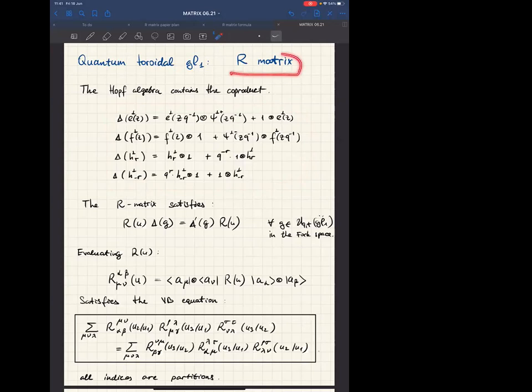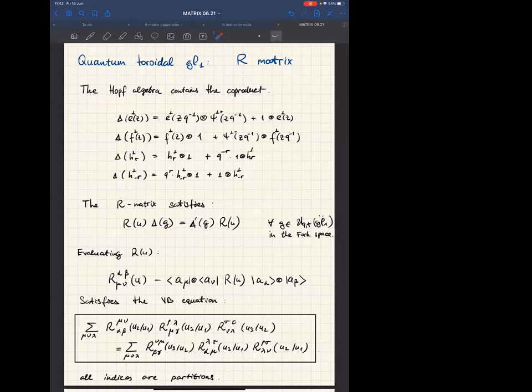So the R-matrix can be computed using the relation with the coproduct. It has to commute, or not quite commute, with it. Delta prime over here is the coproduct where we exchange the two tensor factors. And we get this equation, which is a linear equation that basically allows us to calculate the R-matrix. It's of course a very difficult calculation if you try to do it, because we have Macdonald operators everywhere.